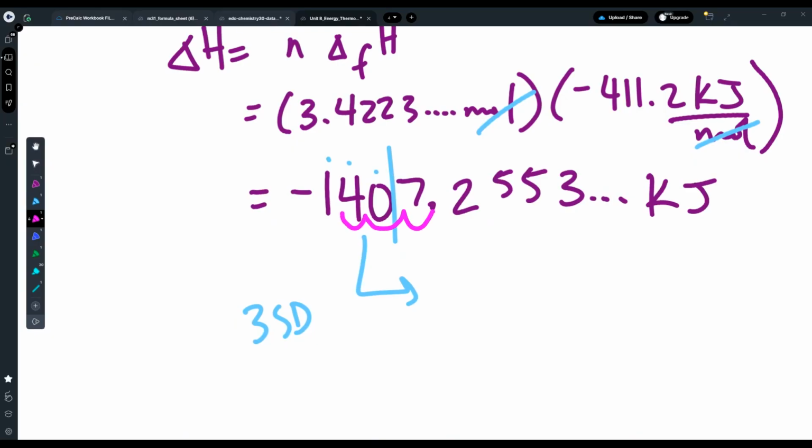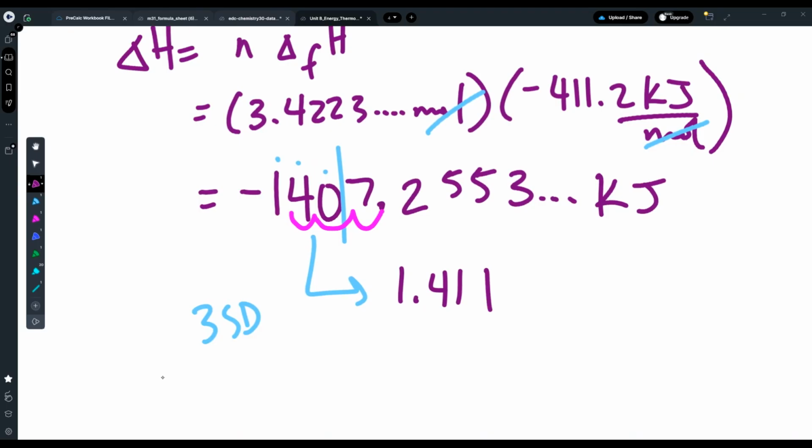So it's going to be 1.4, and then for this digit, you look after the cutoff line. Since 7 is higher than 5, any digit 5 or higher is going to round up the digit in front of the cutoff line.